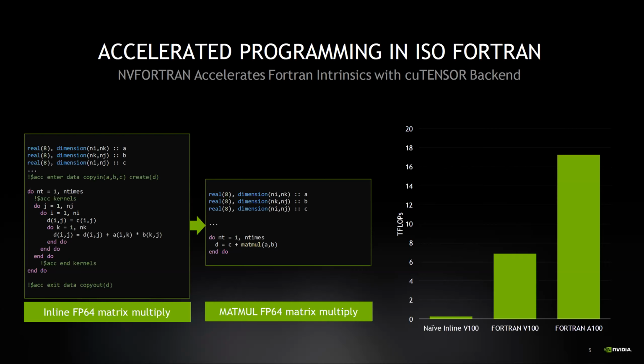And so that can allow you to get high performance throughput, much higher than you would get just doing the operation directly by writing this matrix multiply yourself, but still being able to use the intrinsic in the language. And that allows you to get a significant speedup relative to even just the normal fused multiply add approach on GPUs, but also relative to the generation before, an over 2x improvement.